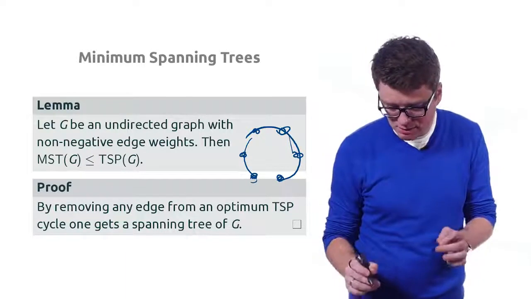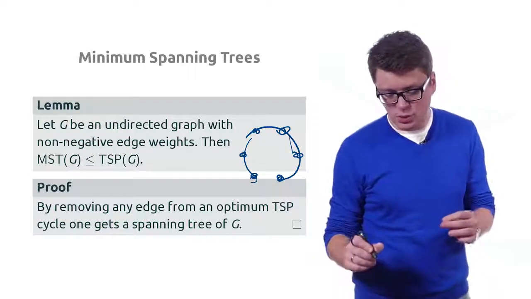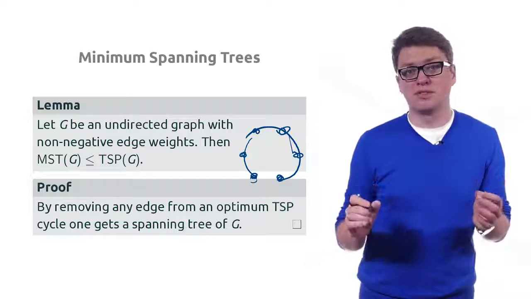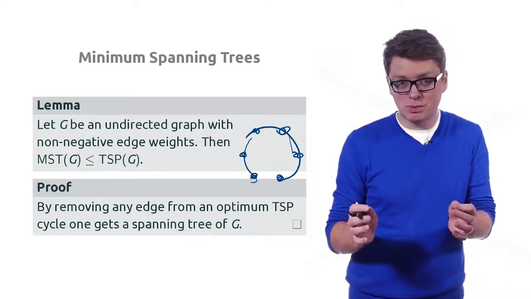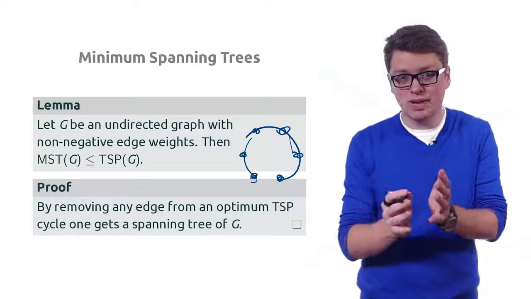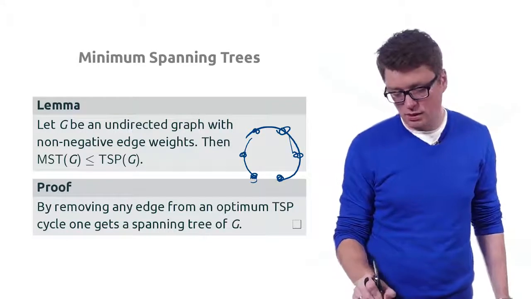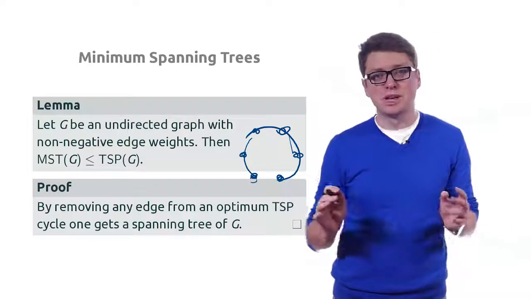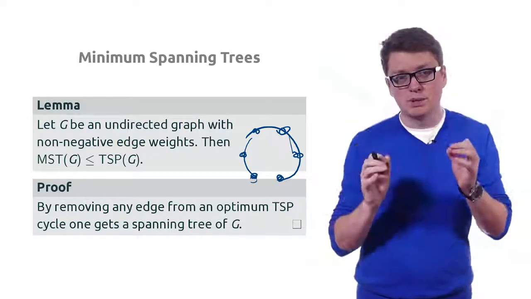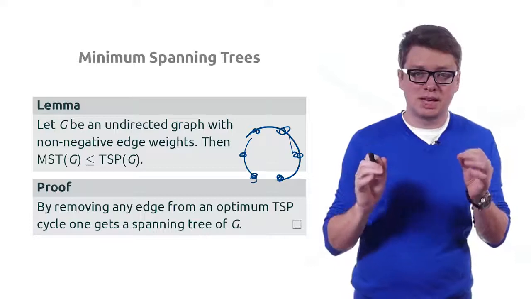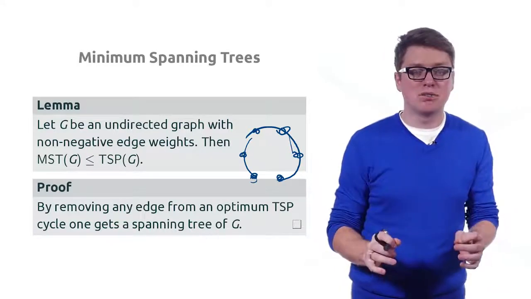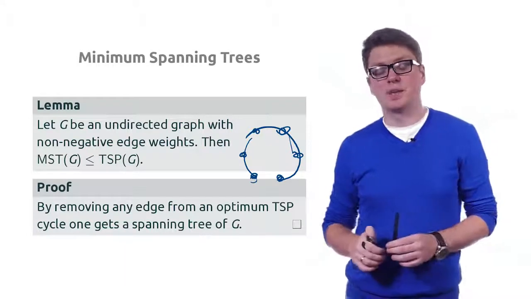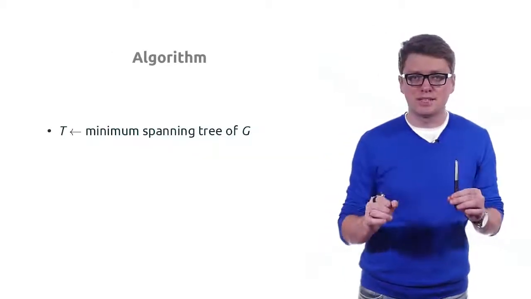It is definitely a tree, and its weight is at least the weight of the minimum spanning tree, since the minimum spanning tree is the minimum one. So the weight of this path is at least the weight of the minimum spanning tree, which finally proves that the weight of the optimal traveling salesman cycle in a graph is at least the weight of the minimum spanning tree.